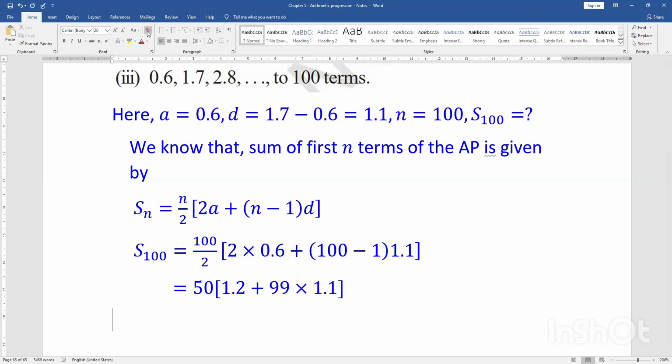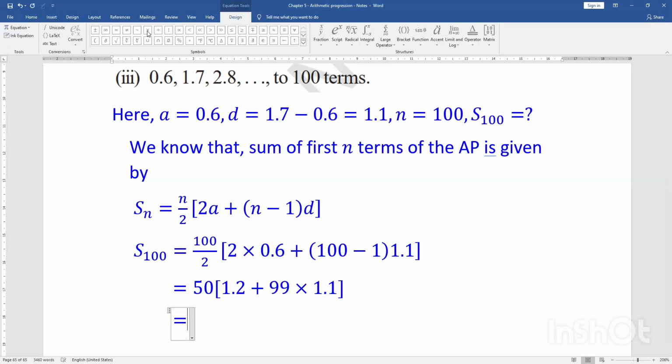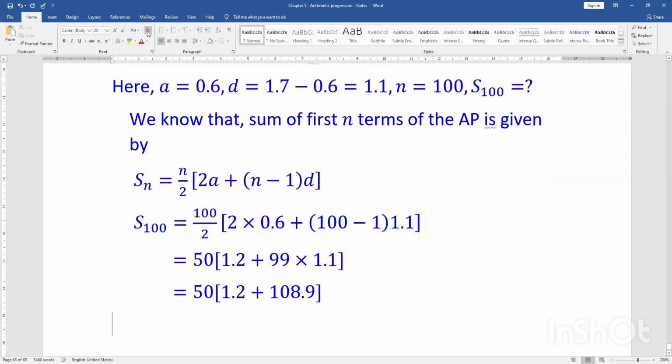So it's equal to 50 bracket 1.2 plus 99 into 1.1. It will give you 108.9 bracket close.